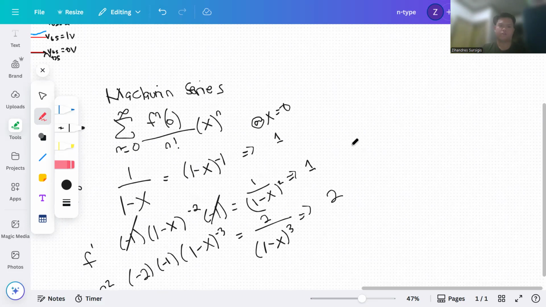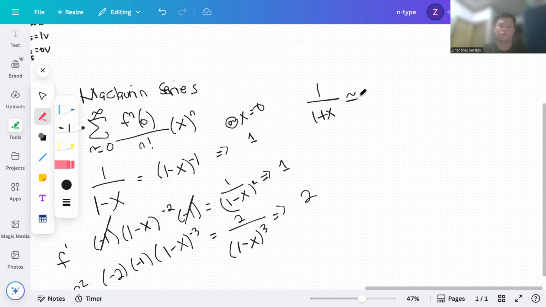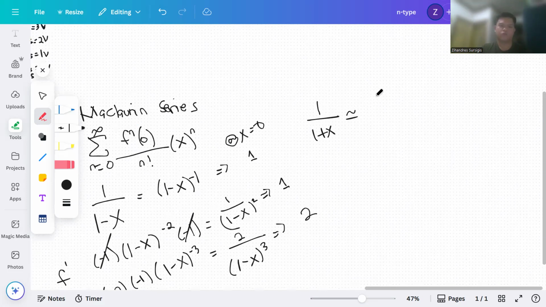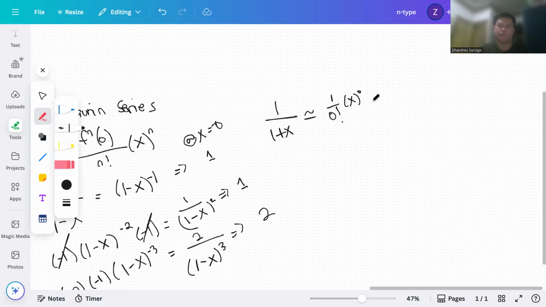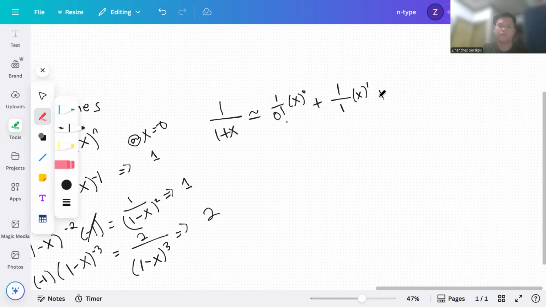Kunin natin yung series set. So 1 over 1 minus x is approximately equal to, so yung zeroth derivative is just 1 over 0 factorial, which is just 1, tapos x raised to 0, plus 1 over 1 factorial, which is 1, times x raised to 1, plus 2 over 2 factorial, which is 2, times x squared.